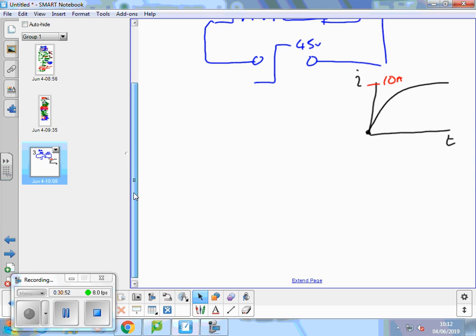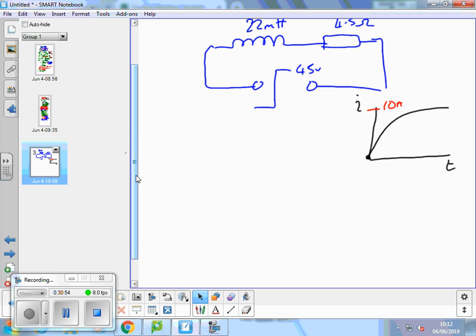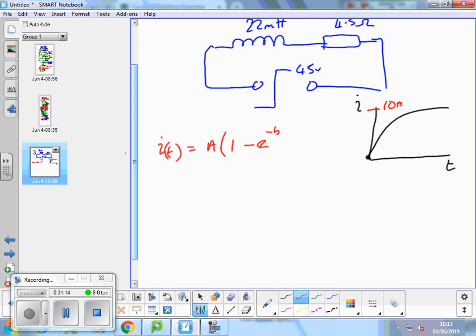So yeah, because we're predicting this to be something along the lines of I(t) is equal to a constant I times 1 minus e to the minus bt. We're predicting it to look like that.